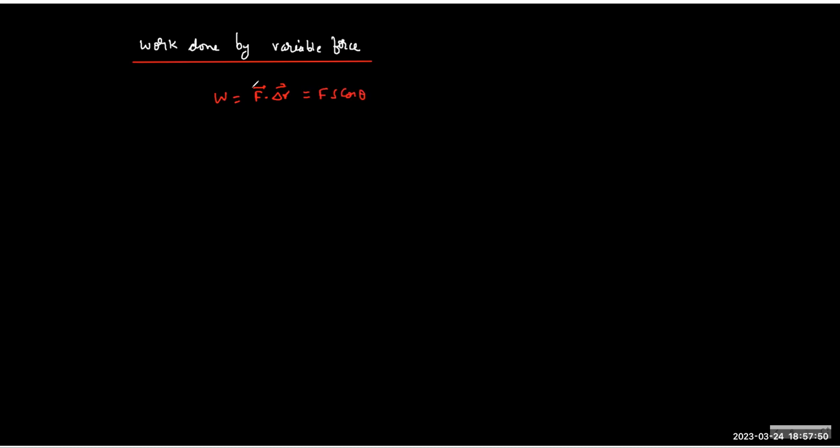So tell me guys, this formula is only true for which kind of force? So this is true for forces which are constant in nature. So constant means they have not only constant magnitude but also constant direction.